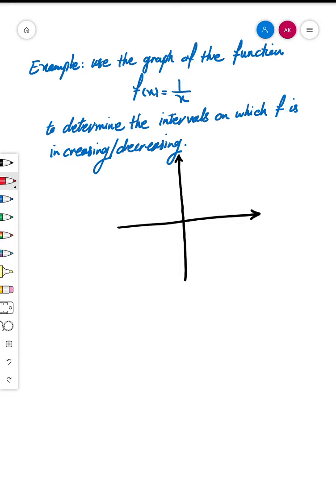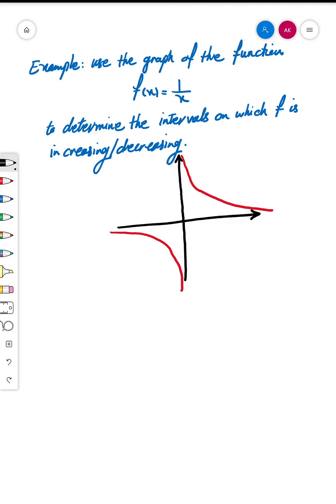It's a simple rational function, and what it does is it goes like this and it goes like that. So we have to try to see where this function is increasing or decreasing.